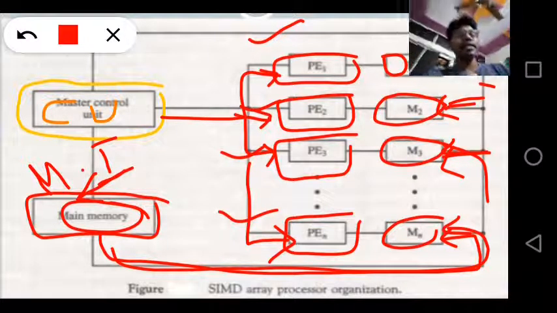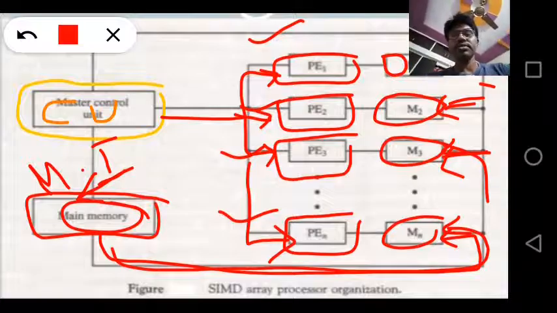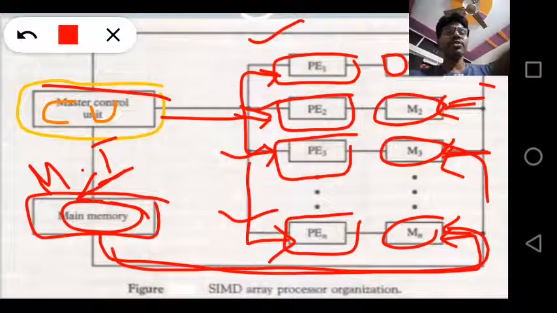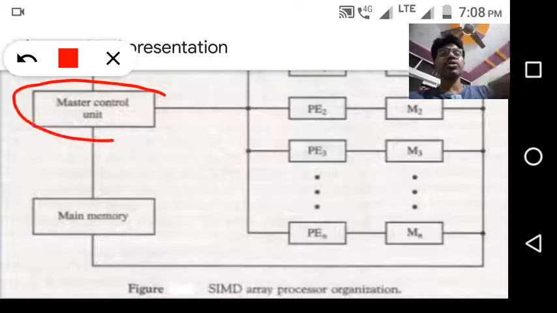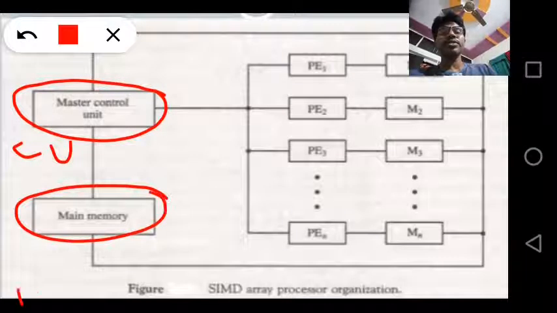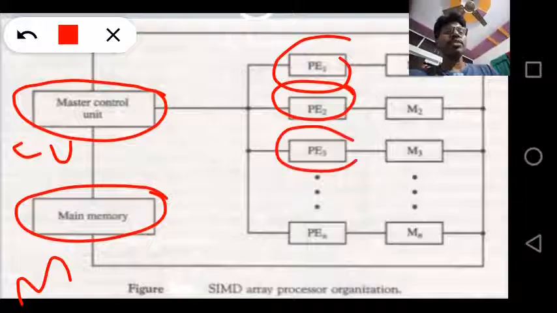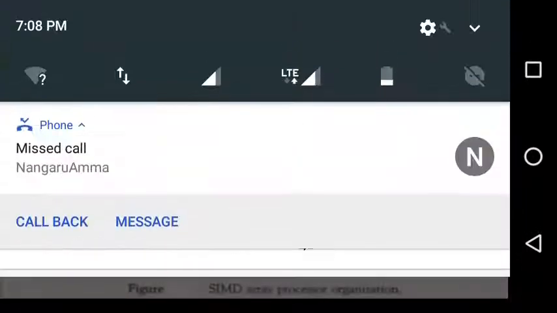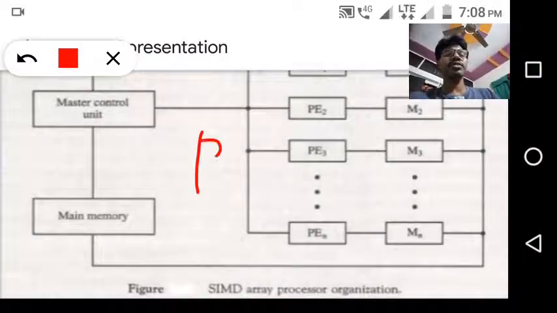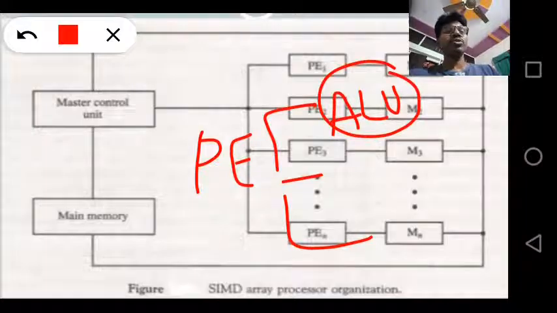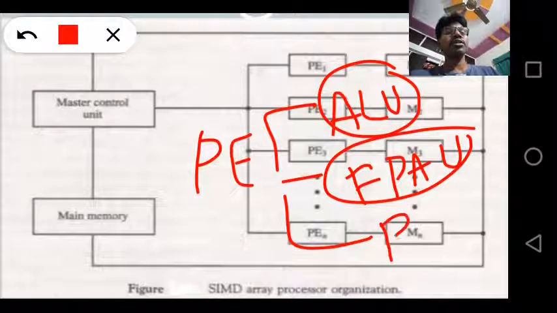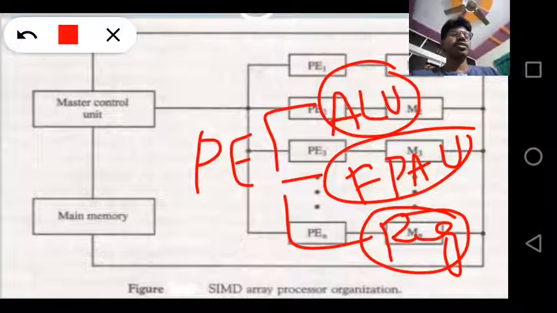So this is called SIMD processor, array processor. Remember, we have a single control unit, single main memory, and multiple processing elements, and here each processing element contains three things. One is ALU, another is floating point arithmetic unit, and third one is register.